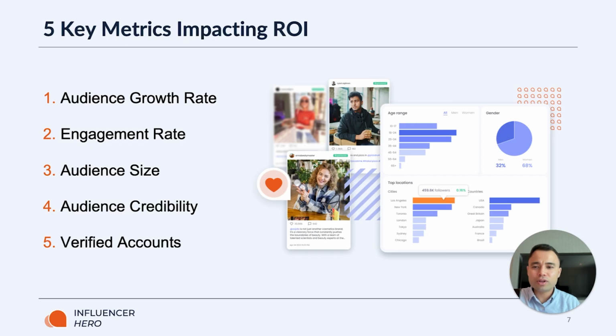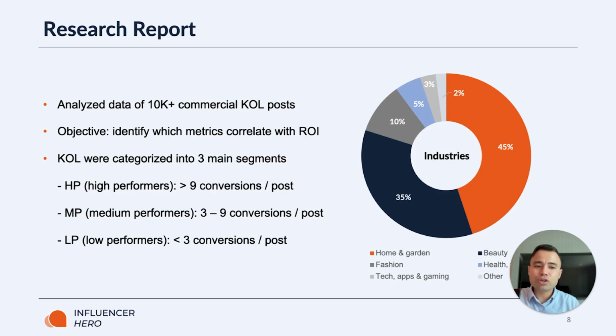And we were always curious why there is actually not real data-backed research on this. So this is why we actually did that research. And the 5 key metrics which showed strong correlation with ROI are audience growth rate, so how much the audience or followers of the influencer are growing, engagement rate, audience size, audience credibility, which is fake followers, and verified accounts. Now we'll cover them one by one while explaining the research report.